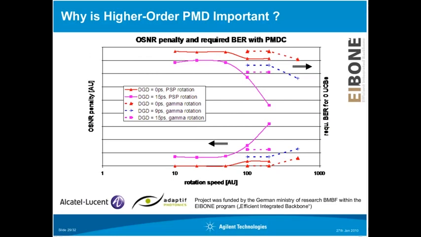Just want to give you an example. You don't really have to go into deep detail in this diagram. That is an example of a measurement we did with a PMD compensator. And what you see here on the x-axis is the rotation speed of the polarization state. So you will probably see some similarity to the audio amplifier thing.